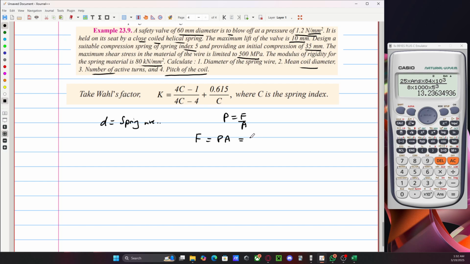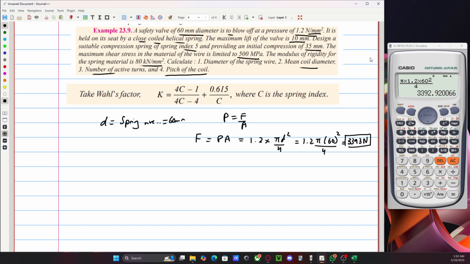The pressure is 1.2, and our area is pi d squared over 4. With d as 60 millimeters, it's 1.2 times pi times 60 squared over 4. Let's check. We get 3393 newtons.